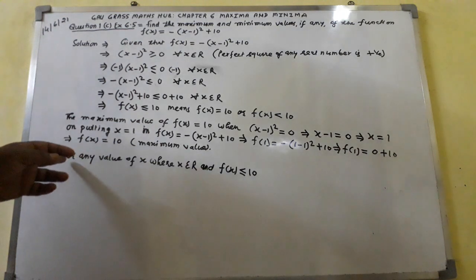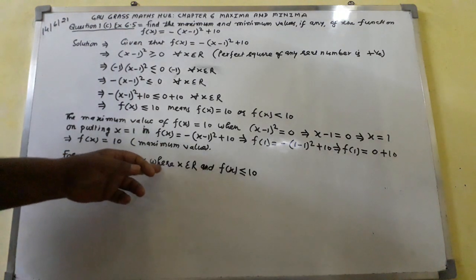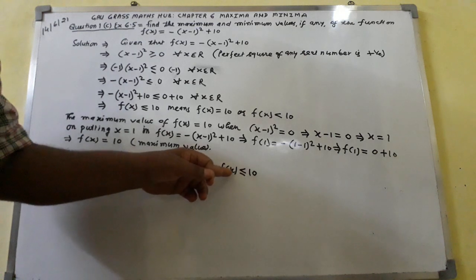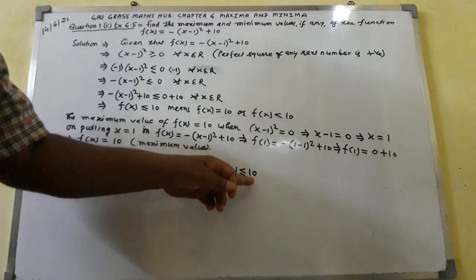This term we have to write: for any value of x where x belongs to the set of real numbers and f of x less than or equal to 10.